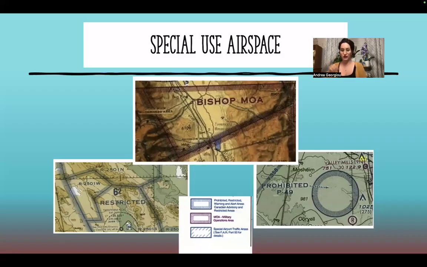Think of that, they both start with the letter P. So there are not times or dates where you could. It is always prohibited. You can never fly through prohibited airspace without permission from the controlling agency. So remember that. Next sentence says such areas are established for security or other reasons associated with the national welfare. So that would be a big, big, big no-no to fly through prohibited airspace without permission.